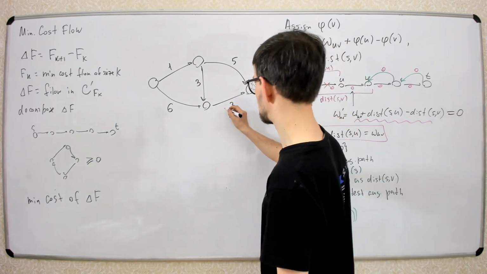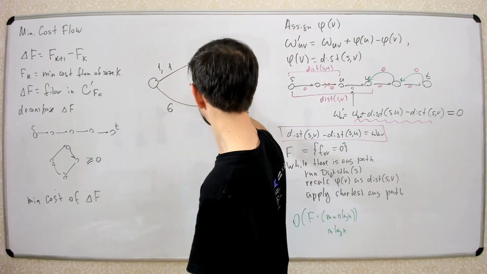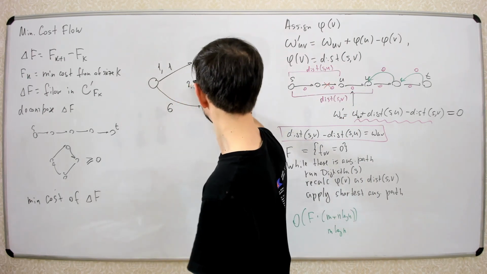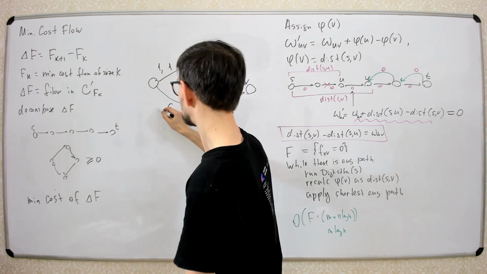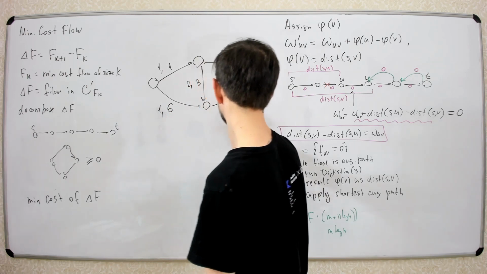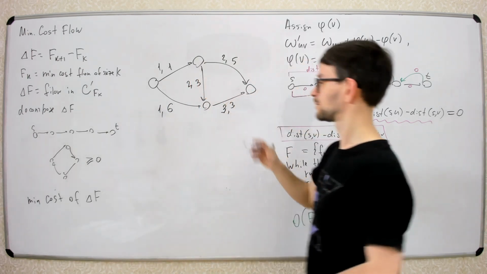Let's say the capacity of this edge is 1, and the capacity of this one is 2. Here the capacity is also 1. And this one, let's make it 3.